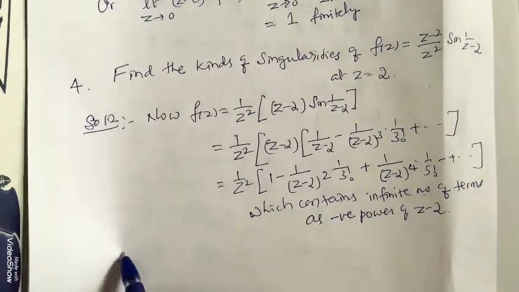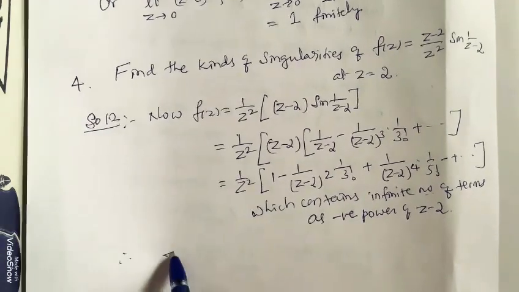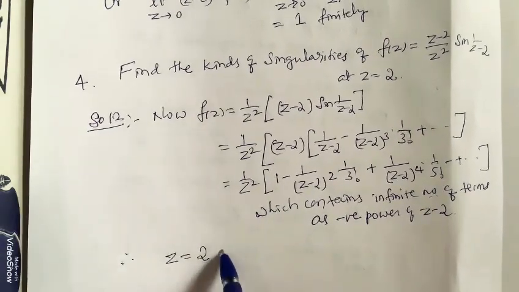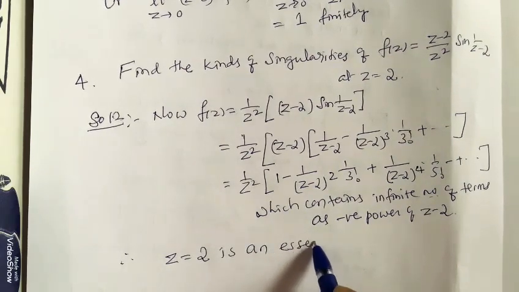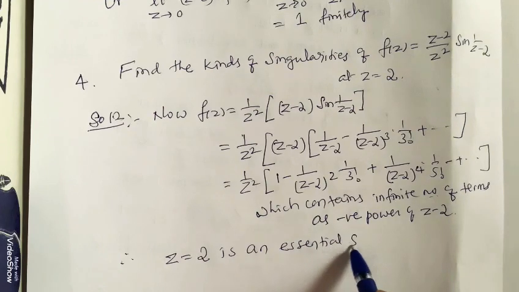Therefore, you can say that z = 2 is an essential singularity.